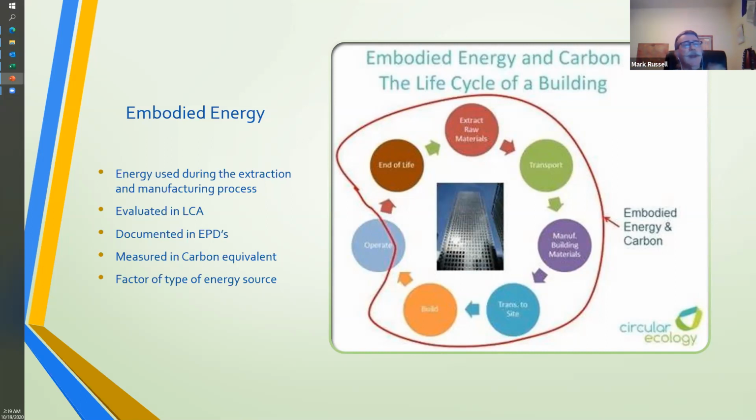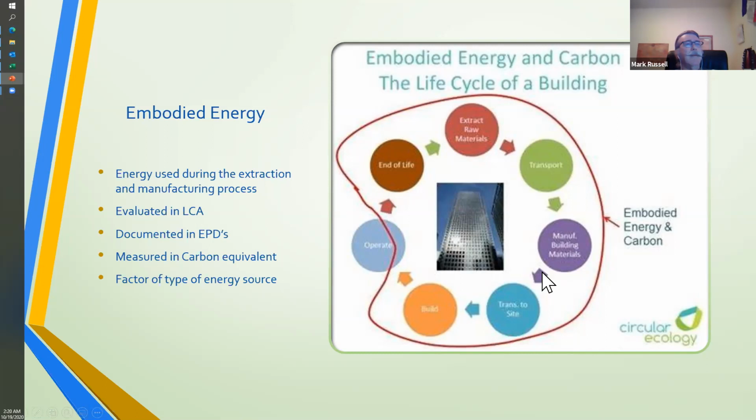So things that you can do up front to reduce your operating energy make a tremendous difference in the overall savings for the building. Always keep that in mind. It's not just the very beginning, just the production side.